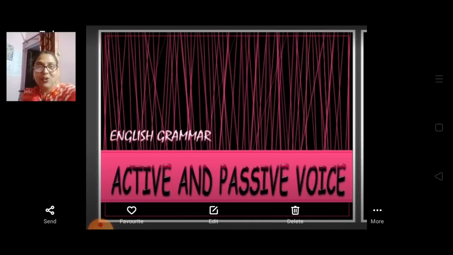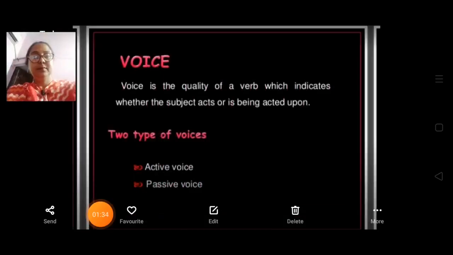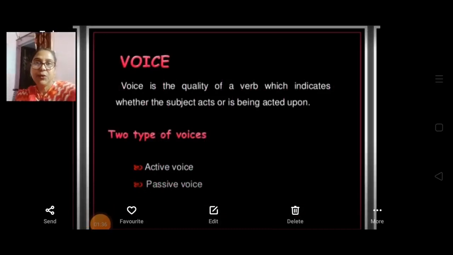So let's start the new chapter, that is voice. First of all, we should know what is voice. Voice is the quality of verb which indicates whether the subject acts or is being acted upon.